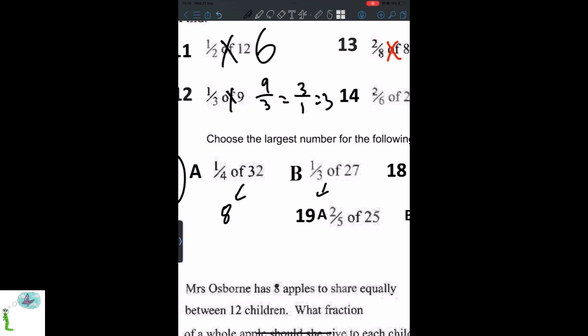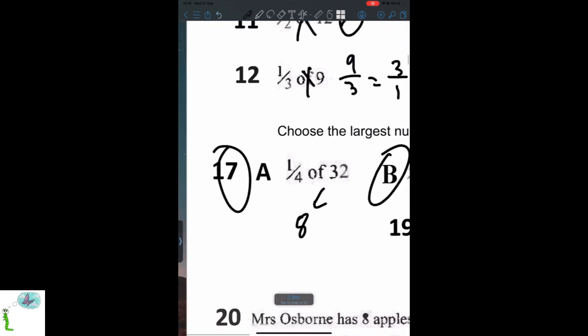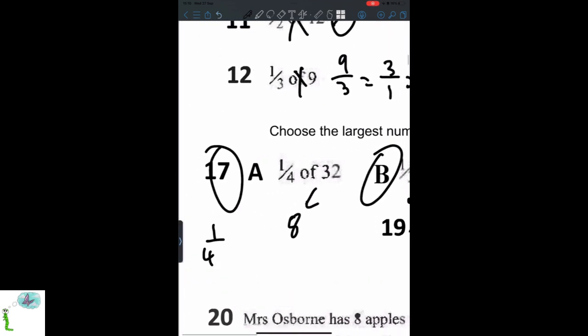It's 9. So it's going to be 9. Which number's bigger? B. And obviously, like I said, you can do the one that we just did above, or you can just change the of to a times symbol. And you're going to get 32 over 4, and you're still going to get 8.